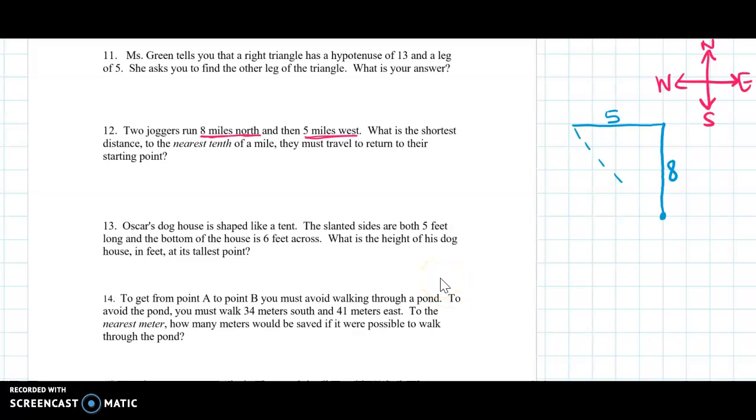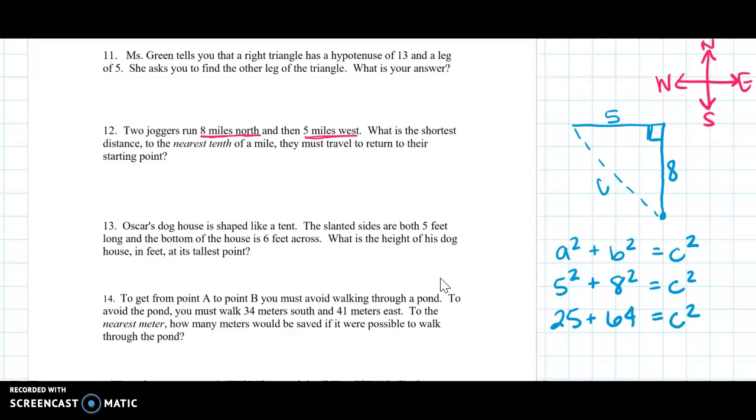So we want to know what this distance is right here, and that's our hypotenuse. So we'll use the Pythagorean theorem, a squared plus b squared equals c squared. And we know that a is 5 and b is 8. So we get 25 plus 64 equals c squared. And 25 plus 64 is 89.